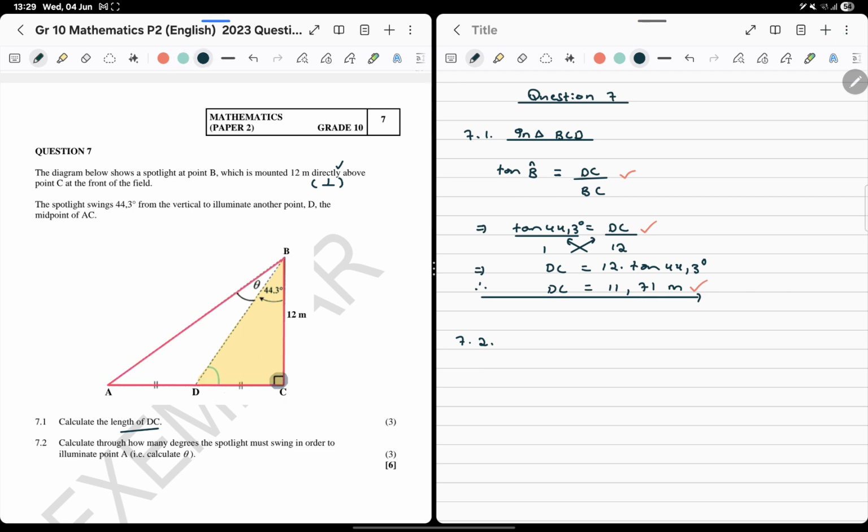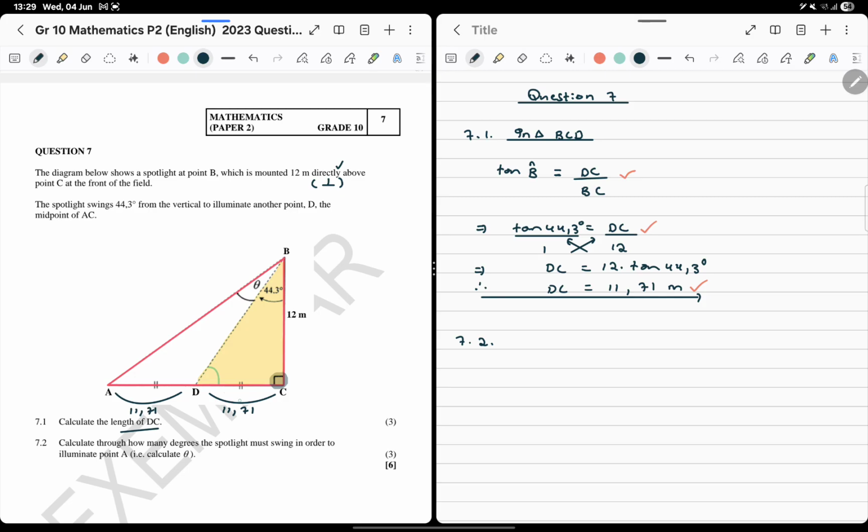So you see the red triangle. We know this side now. This became 11.71. But since this is the midpoint, it's going to also be 11.71.